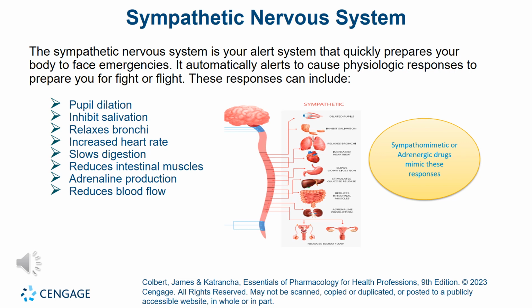As you can see in the image on the right, the sympathetic nervous system, just as described, shows what happens in the body when your fight or flight system is alerted. For this system, we will use sympathomimetic or adrenergic drugs, and these are the ones that mimic these responses.